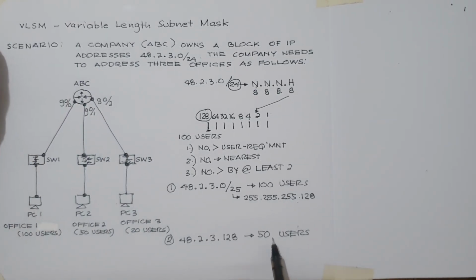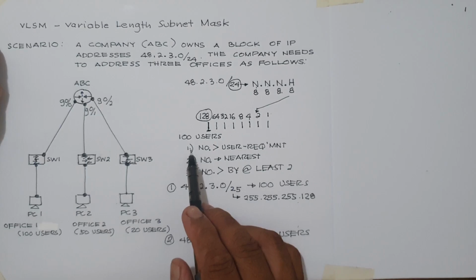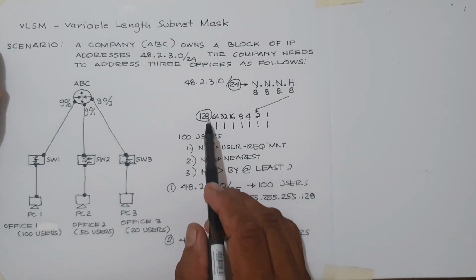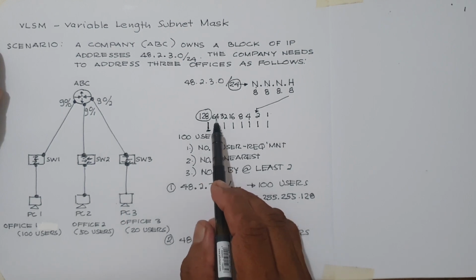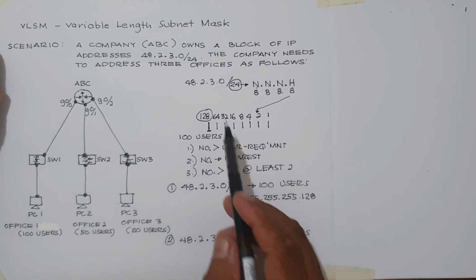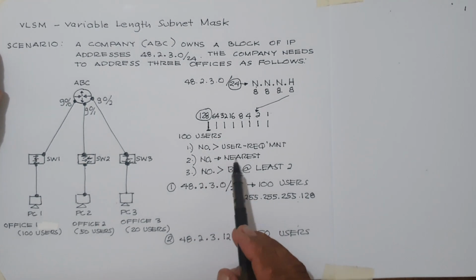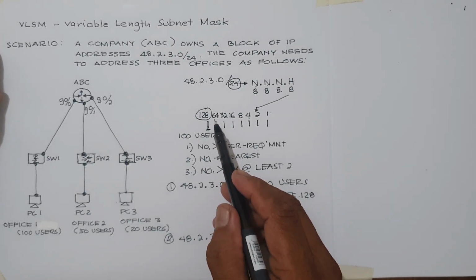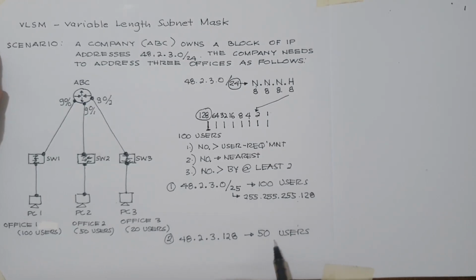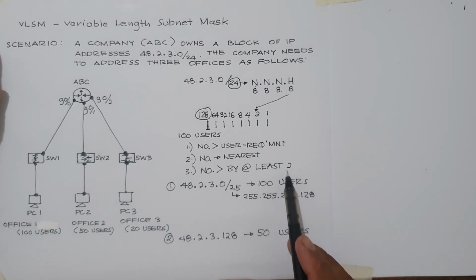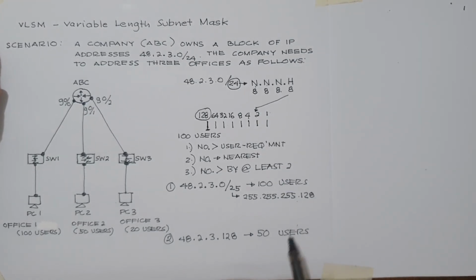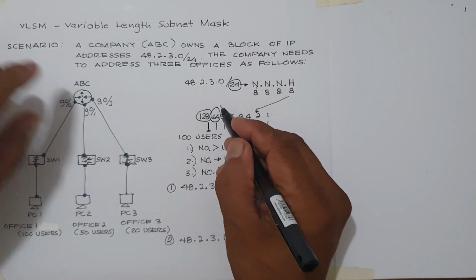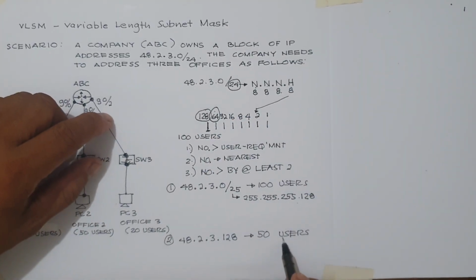So 50 users, first criterion, a number that is greater than 50: there are two, 128 and 64, right? Now, which of these two is nearest to 50? That's 64. And is 64 greater than 50 by at least 2? Yes, it is greater by 14. Therefore, 64 will be the number for these users.